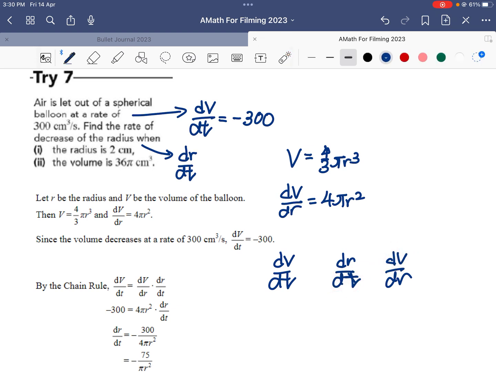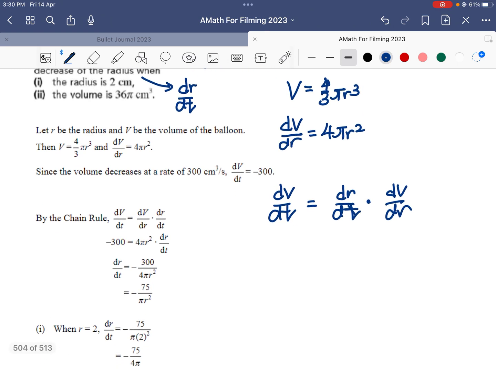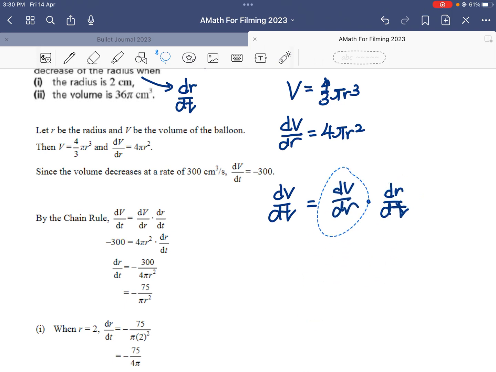So that's how I form the equation here. So I'll say that dV/dt equals dr/dt, the rate of change of radius with respect to time, multiplied by dV/dr. Or what they did in this question is they flip them around. What I mean by flip around is they put this and this like this. It's still the same thing.